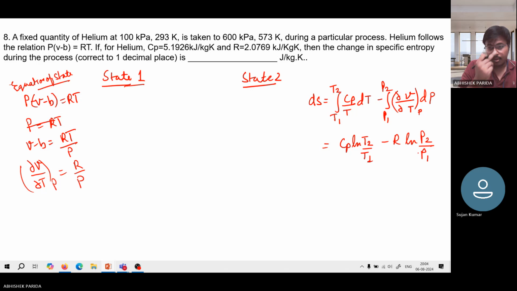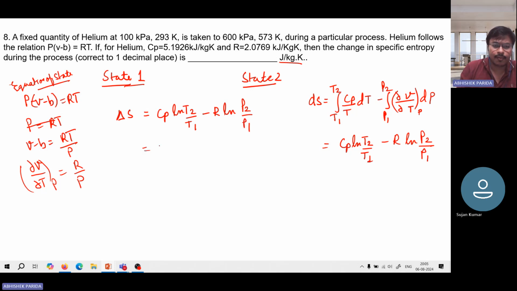Now we'll just put in the formula. Try to see the unit in which it is asking. We have not been given how much mass of helium is undergoing this process, so that is why it is asking for specific entropy. So delta S specific entropy is equal to Cp ln T2 by T1 minus R ln P2 by P1.